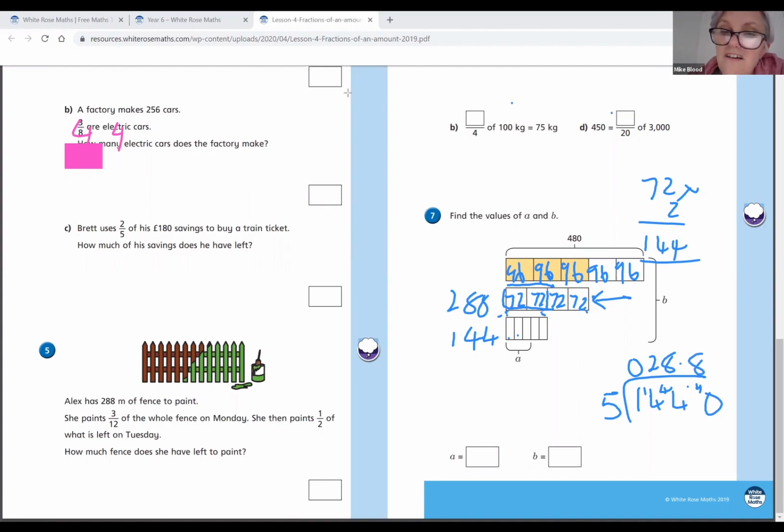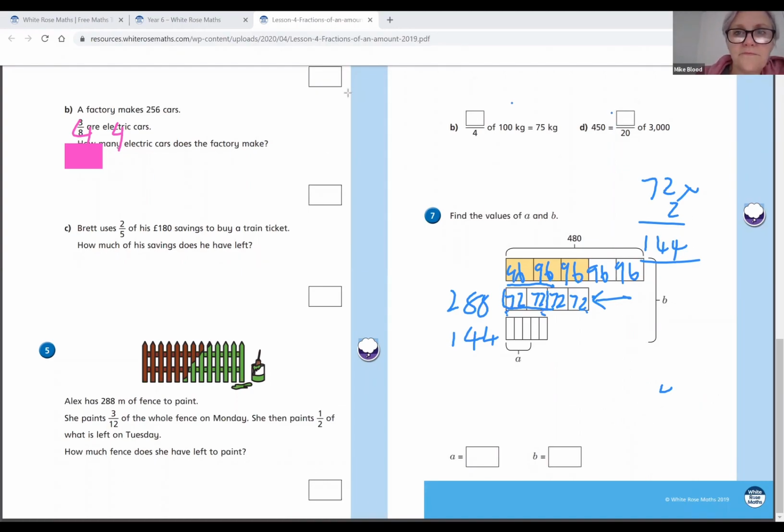I can't fit it on that tiny one, but one of those bars in here is 28.8, because 28.8 times 5 is going to give me 144. Okay, so if one of them is 28.8, I need how many? Well, I need 1, 2, 3 of them. So let's just rub that one out. Oops, here we go again.